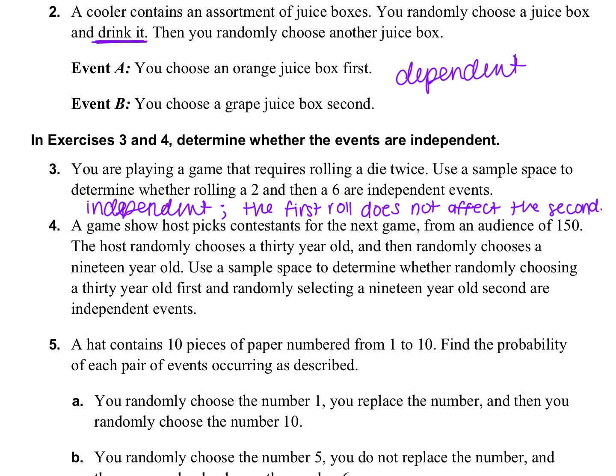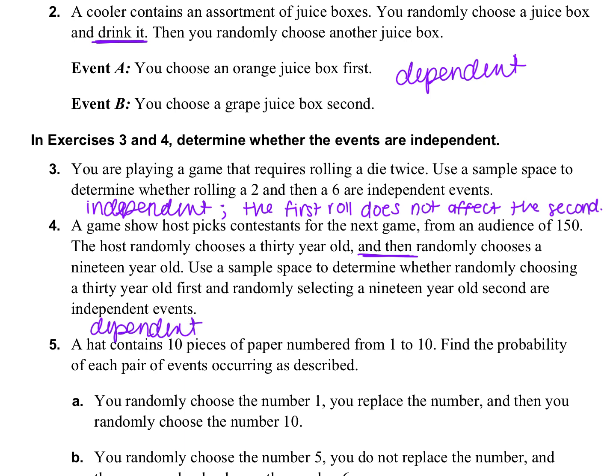Looking at the next one, it says a game show host picks contestants for the next game from an audience of 150. The host randomly chooses a 30-year-old and then right after randomly chooses a 19-year-old. Use the sample space to determine whether randomly choosing a 30-year-old first and randomly selecting a 19-year-old second are independent events. Are those independent events? No. So this one's considered dependent.